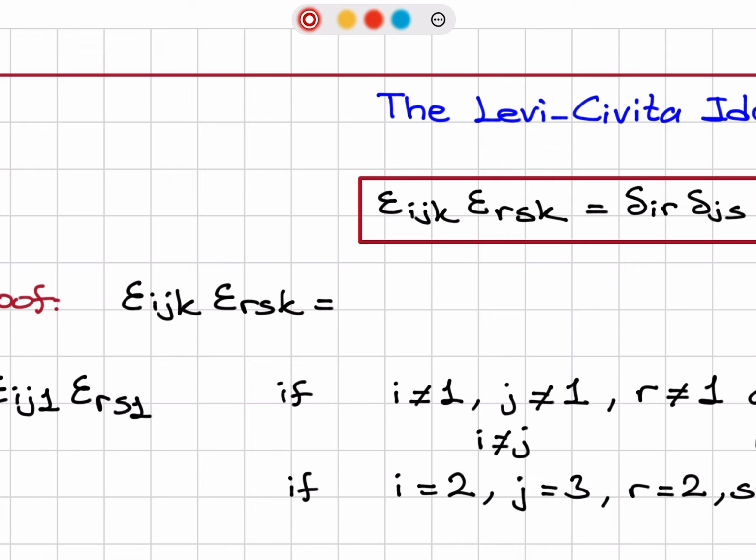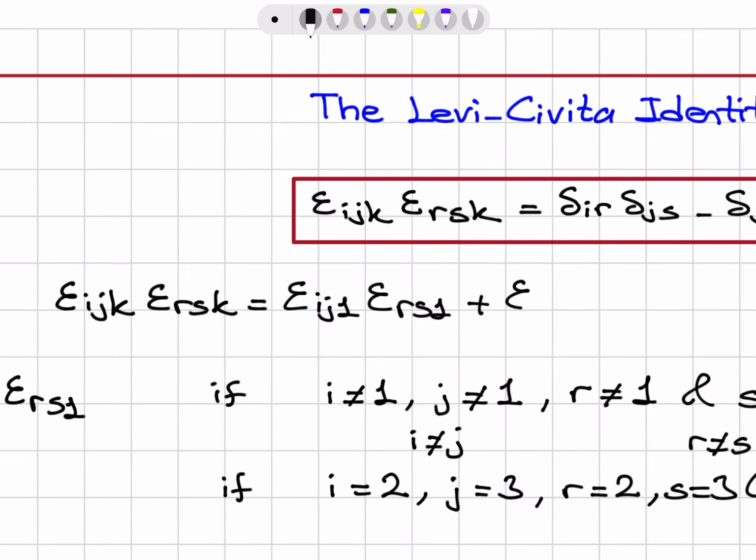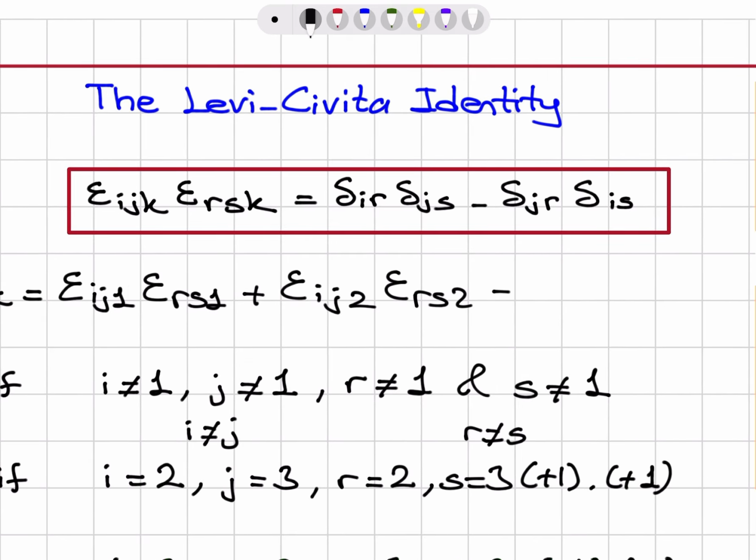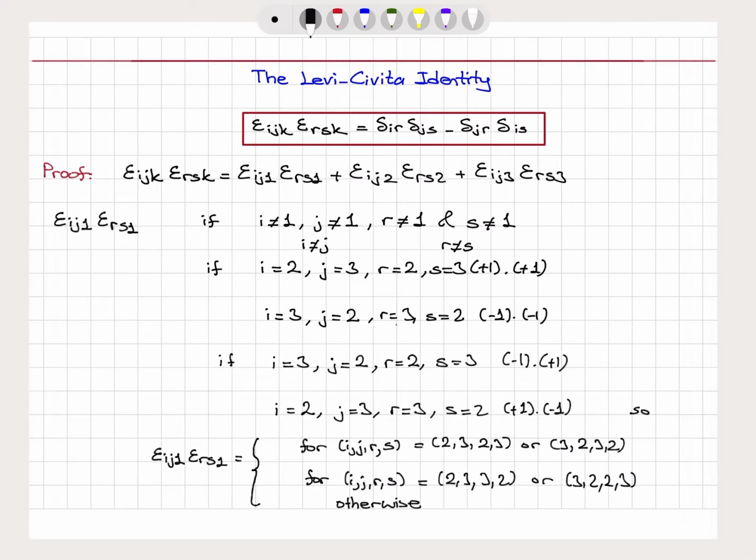Einstein's summation notation tells me that we have to sum over the repeated index k. So this means it is epsilon ij1 epsilon rs1 plus epsilon ij2 epsilon rs2 plus epsilon ij3 epsilon rs3.